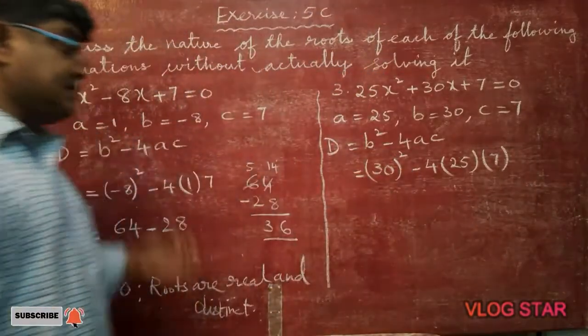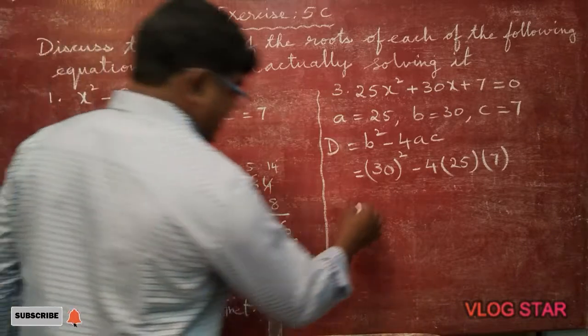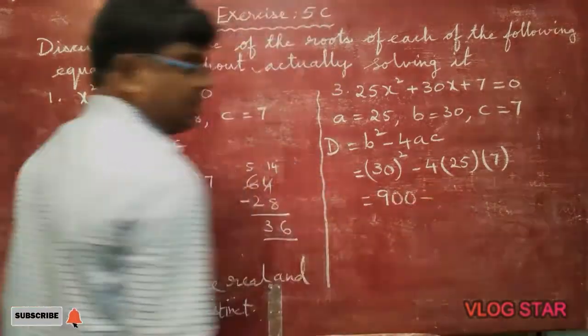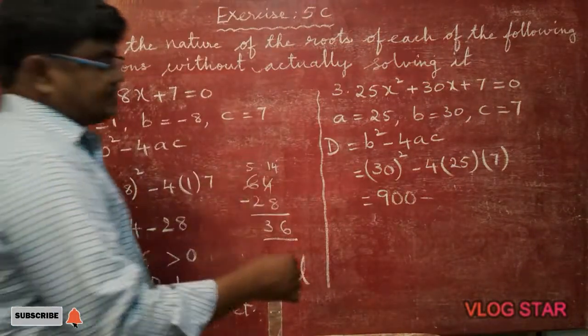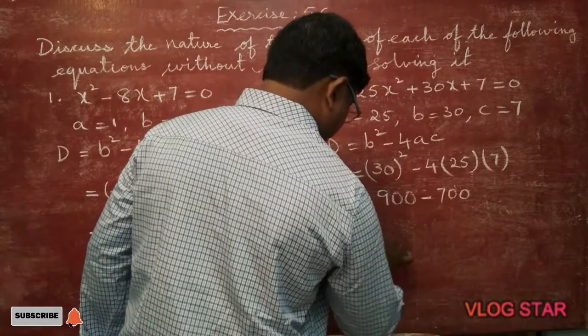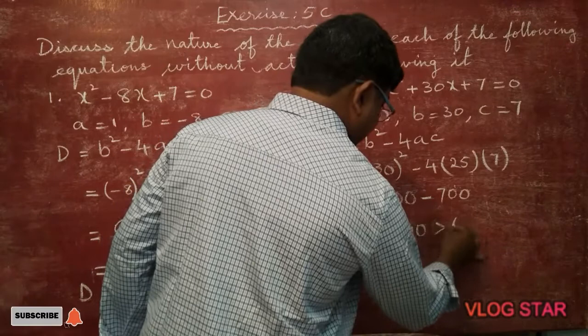Bracket indicates multiplication. 3 3s are 9 and 2 zeros, 30 30s are 900, minus 4 25s is 100, 100 sevens are 700. So 700. 900 minus 700 is 200. 200 is what? Greater than 0.